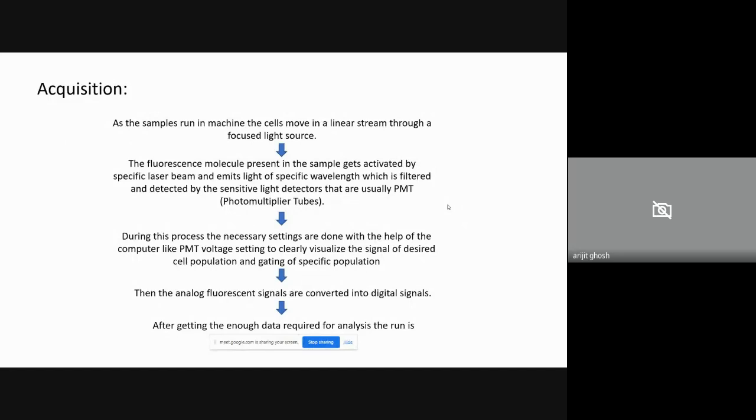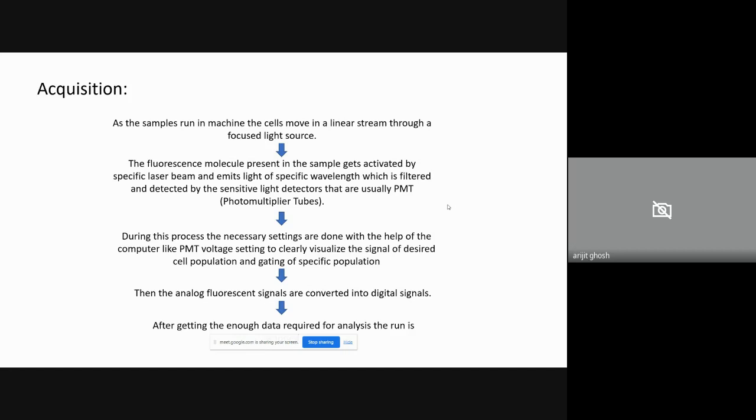When we run the sample in the machine, the cells move in a linear stream through a focused light source. Then the fluorescent molecules present in the sample get excited by the laser beam of a specific wavelength and emit light of a different wavelength, which is also specific for that particular fluorochrome.